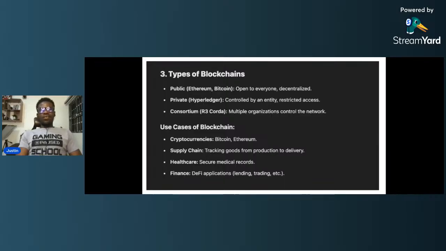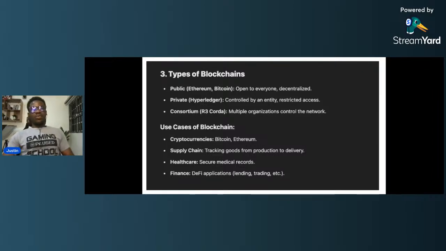Now, use cases of blockchain. Nowadays we have different uses of blockchain. The one in vogue as we speak is using AI on the blockchain. You could write your AI agent and have everything sit on the blockchain.